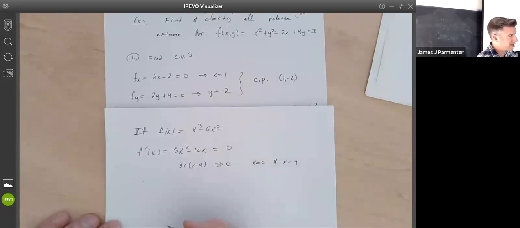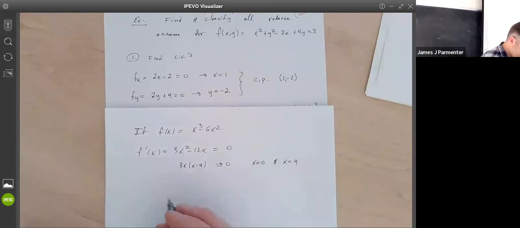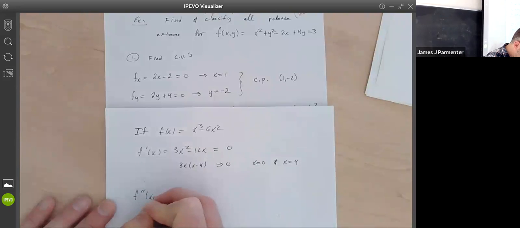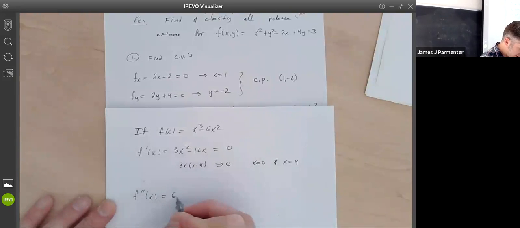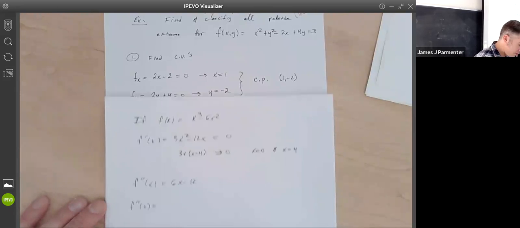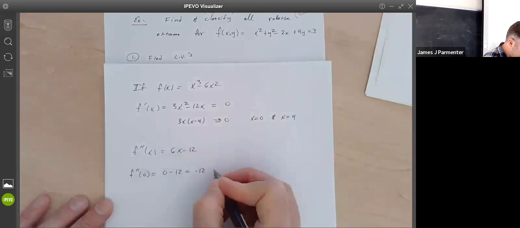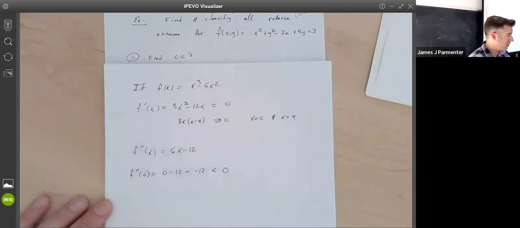But you can also look at the second derivative. The thing about the second derivative test is it's not always conclusive. The second derivative is going to be 6x minus 12. If I plug in either one of these critical values, look at what happens. F double prime of 0 is going to be 0 minus 12, which is negative 12, which I don't care. I just care it's negative.